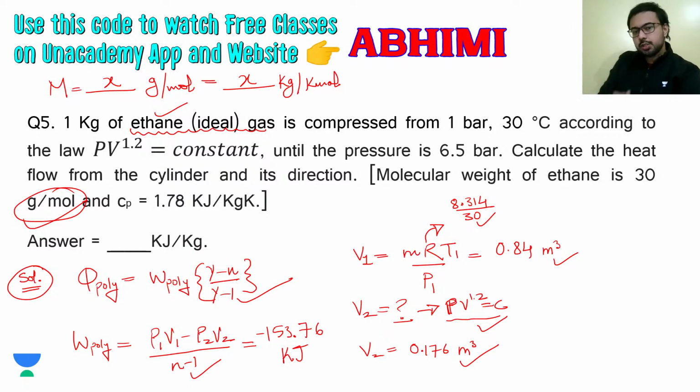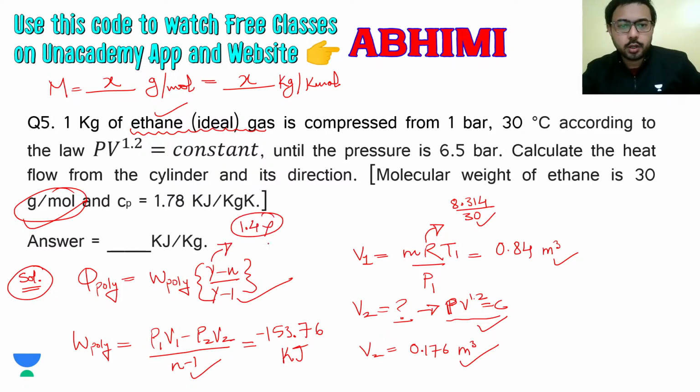But here comes a trickier part, which might get your answer wrong if you are not clear in your concept, or if you are just overlooking it. So this gamma is not equal to 1.4.